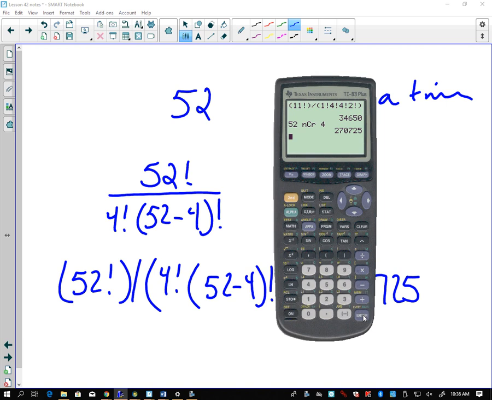It will also do permutations, but instead of nCr, you're going to use nPr. But I want you to know the principles. Okay? All right, we'll see you.